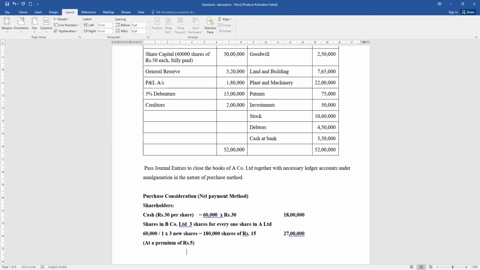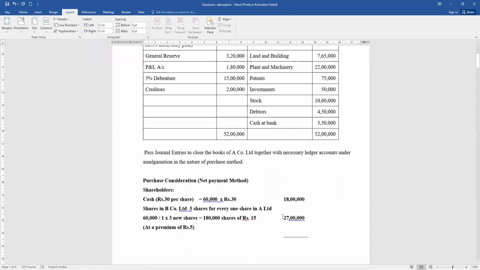Okay, and remember that 15 rupees, you have to segregate 10 rupees as face value and 5 rupees as premium. When you are showing it in the balance sheet or when you are passing the journal in the purchasing company, you should remember 15 rupees out of 15, 10 rupees should go to share capital and 5 rupees should go to premium account. What is the total?